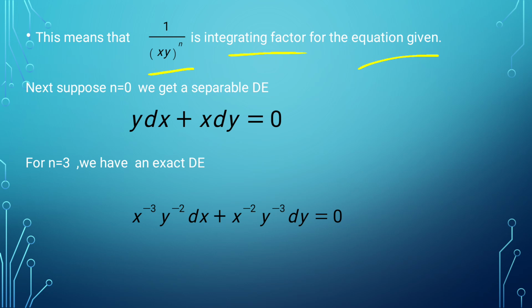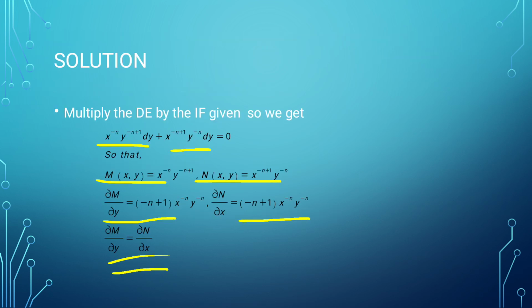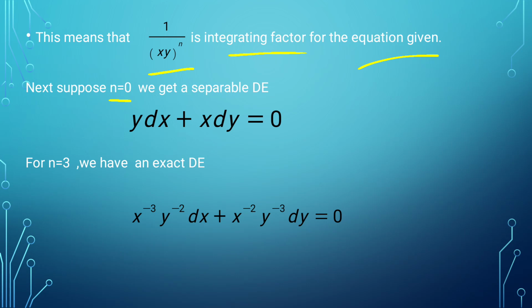Next part of the question is, suppose n is equal to 0. If you say n is equal to 0 and substitute in here, you'll find that the equation goes to this, and this new DE is a separable DE.